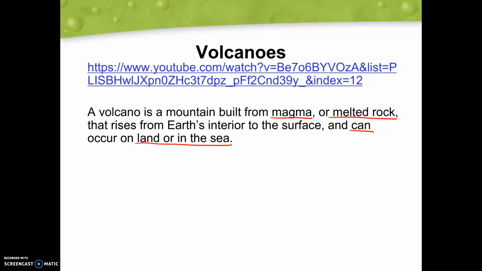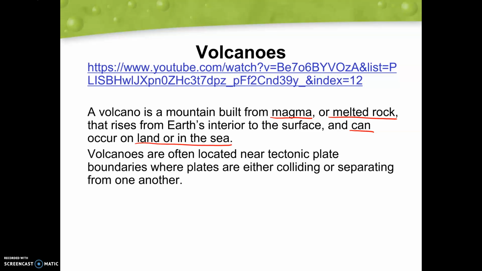We're building a mountain. We're going to see that in our convergent boundaries, but it's taking the interior inside. These are very often located near tectonic plate boundaries where either colliding or separating happens. Again, our convergent boundaries.